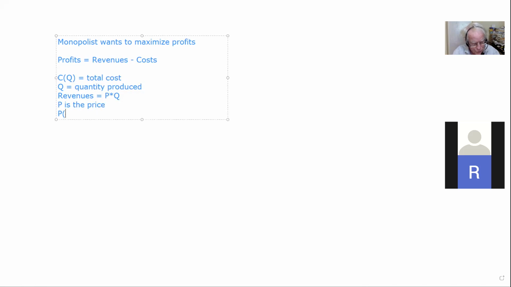The price itself for the monopolist depends on quantity. So if you want to sell more computers, you will have to lower your price. The extent to which you must lower the price depends on how much you're already producing.